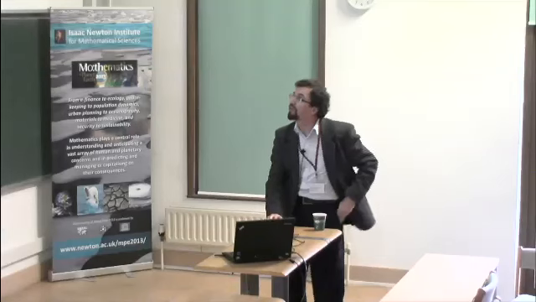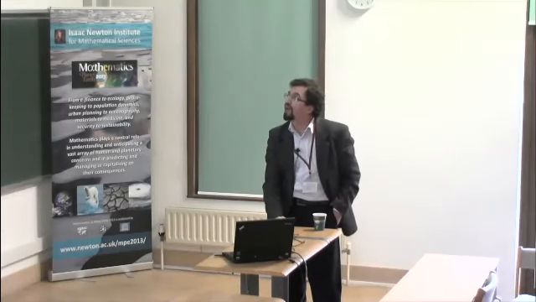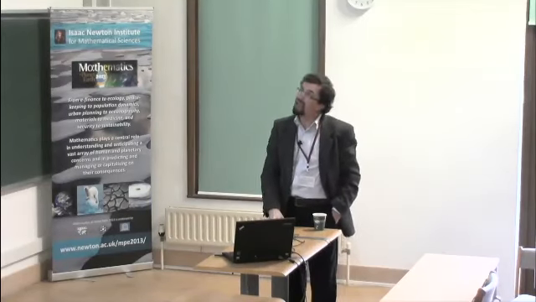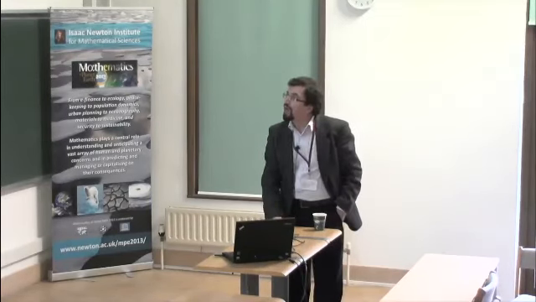You see, if I increase the concentration of these rods, they cannot move that freely because they start to bounce into each other. And so the resolution of this restriction in translational freedom might be achieved by realigning the molecules along one direction. You lose the orientational entropy, but you gain the freedom to move the rods around. And this is the theory of the lyotropic nematic liquid crystal.